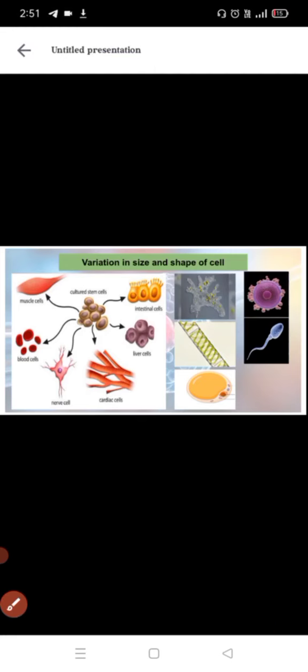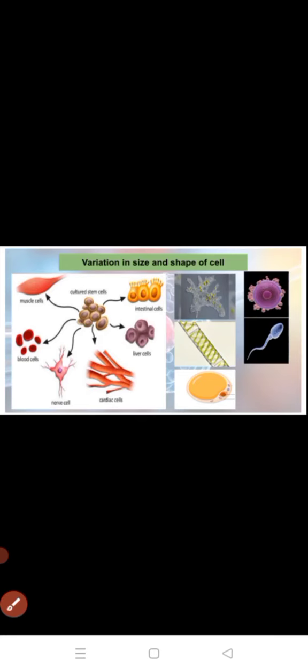Depending upon their function, the shape and the size of the cell are decided. This variation in size and shape is present. You will find different types of cells.